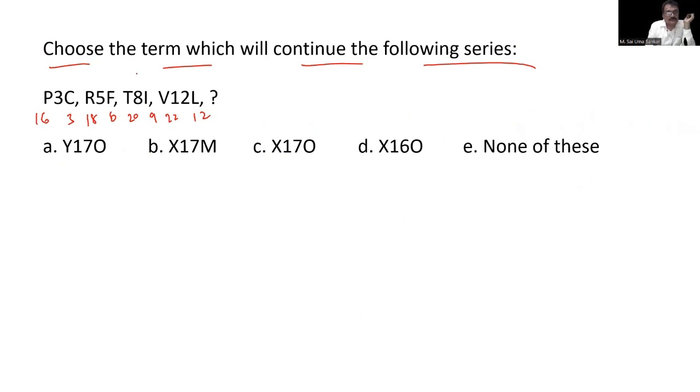If you observe, P is the 16th letter, R is the 18th letter, T is the 20th letter, V is the 22nd letter. That means 16, 18, 20, 22. What is the next number? That is equal to 24, right? So what is the next number? That is equal to 24. What is the 24th letter? That is equal to X.